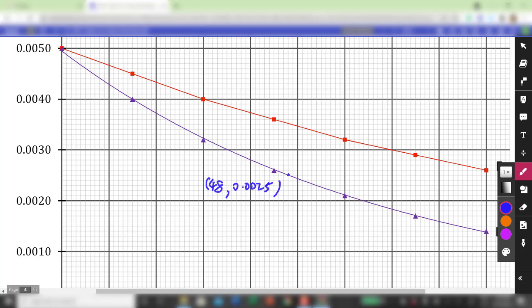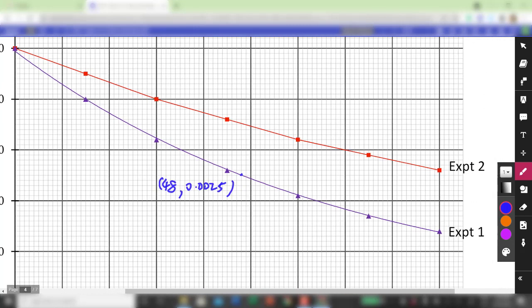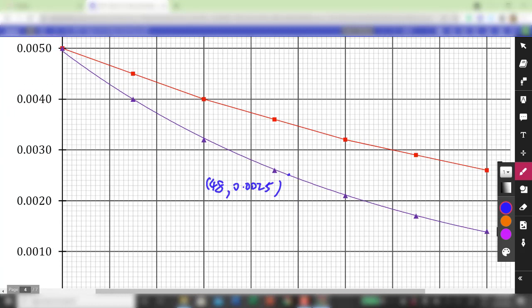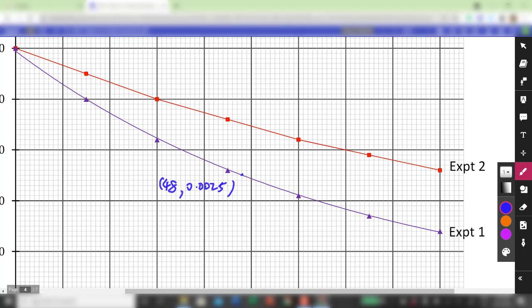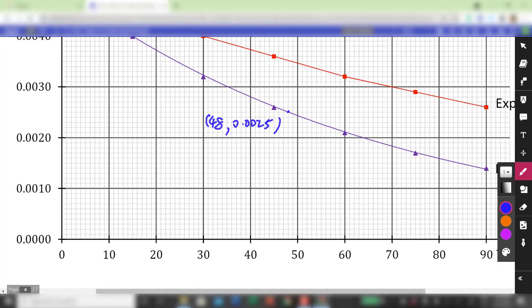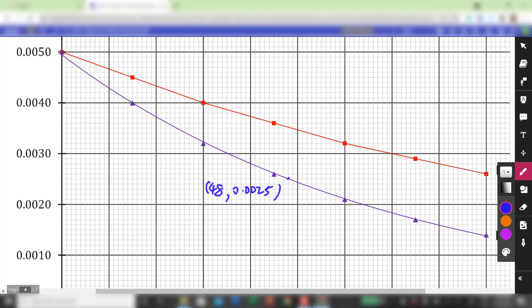In this case, we should be able to check consecutive half-lives. So we'll check from 0.0025 to 0.00125. No, we can't. It seems that the graph did not extend long enough, but it's fine. We can use other points to check.